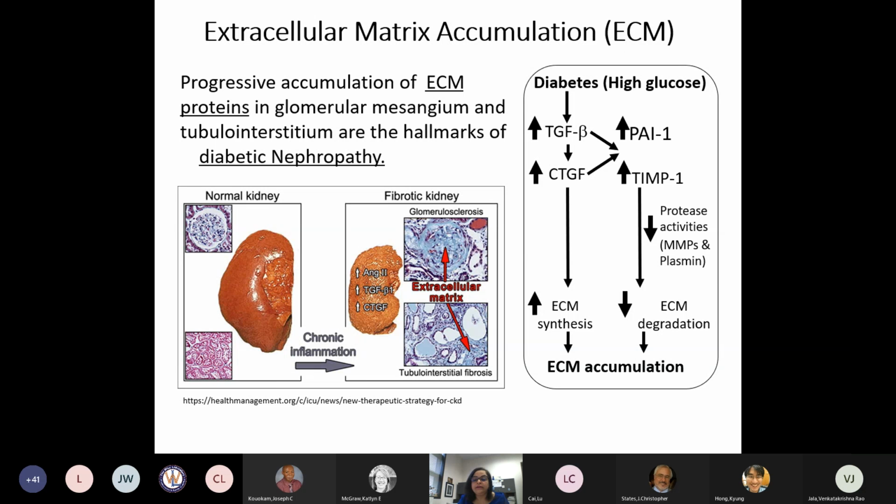This results in net ECM protein accumulation, and this is mediated by TGF-beta and CTGF. Therefore, the goal of the laboratory is to understand the molecular and cellular mechanisms that regulate diabetes-induced renal fibrosis so that we can identify some molecular targets that can lead to generation of specific therapies to mitigate renal fibrosis.